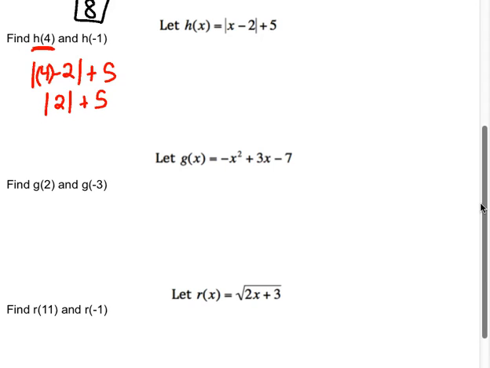Well, the absolute value of 2 is just 2. So we get 7. So h of 4 is 7. What that means really is when I have an x value of 4, my function is up at 7. So the point (4, 7) would be on that graph. I would see it in the graph of that absolute value function.